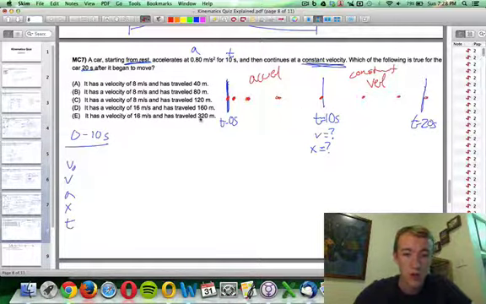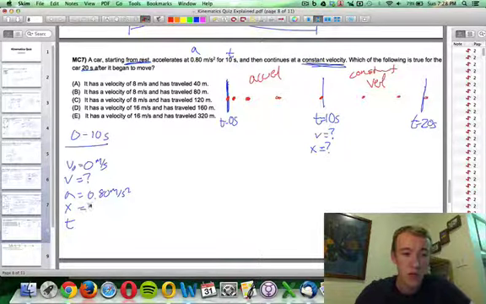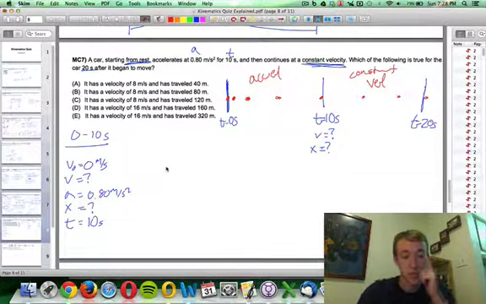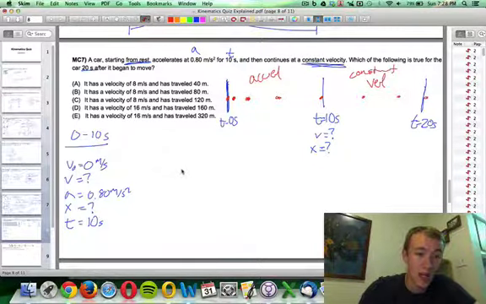Starts out from rest, 0 meters per second. Acceleration, 0.80 meters per second per second. We're looking for the velocity and position at 10 seconds.